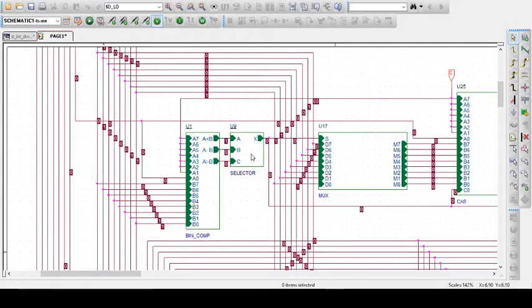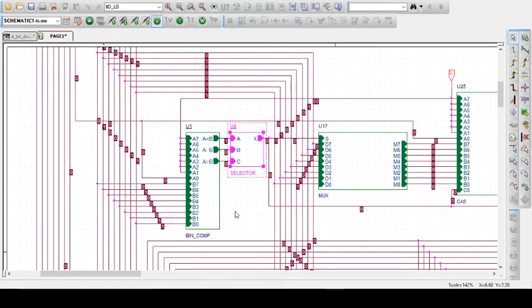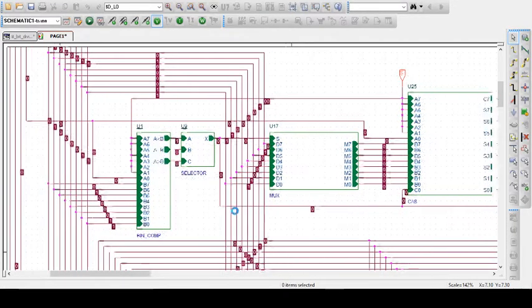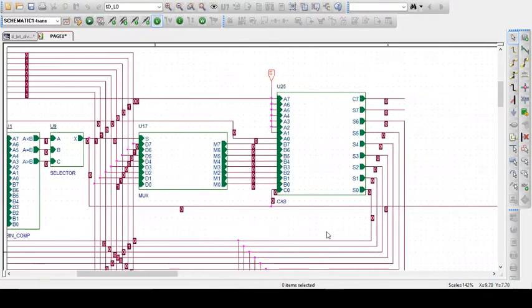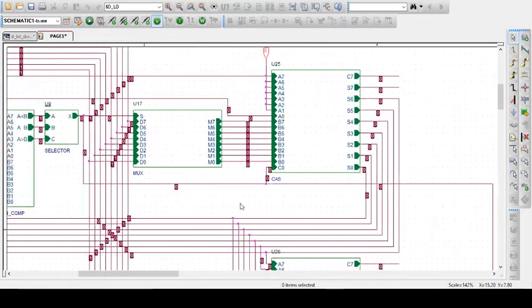Now, this next block here is much more simple. It's just 2 gates, a NOR and a NAND. This just converts the 3 outputs from the comparator to 1 output, and that's used as a selector for this multiplexer and for the controlled add-subtract here, as well as being the quotient for this particular bit.